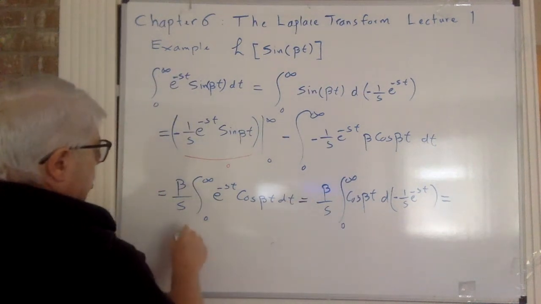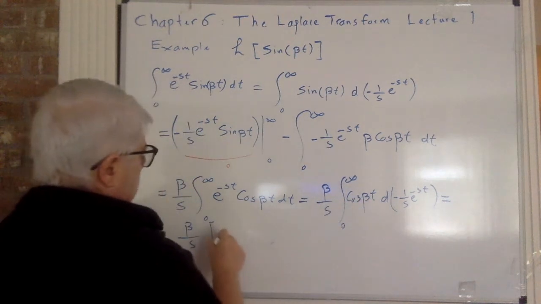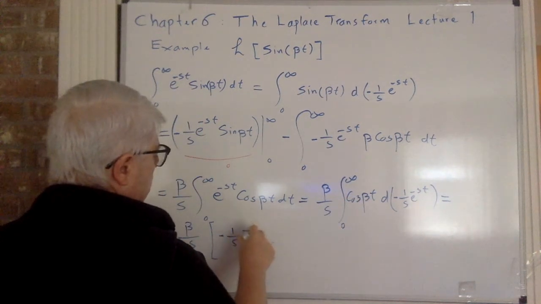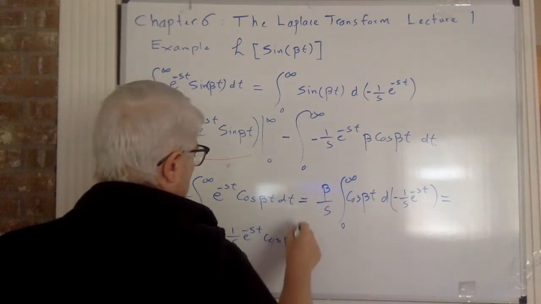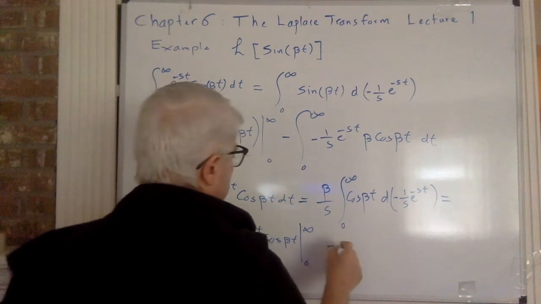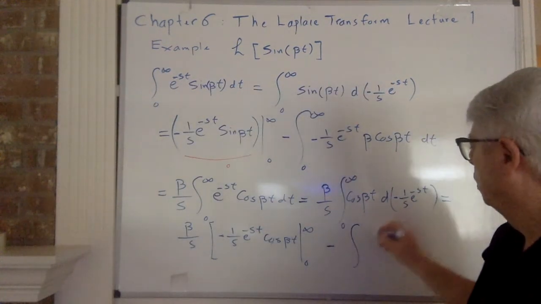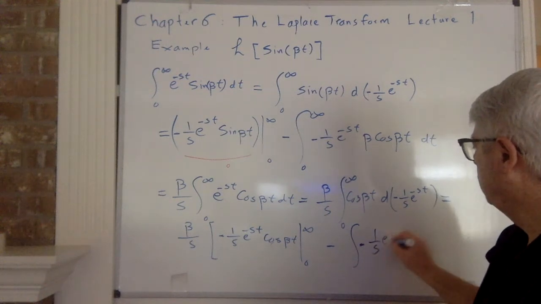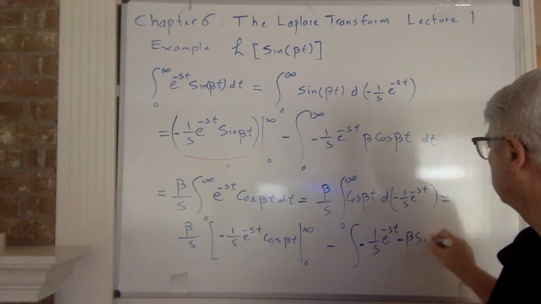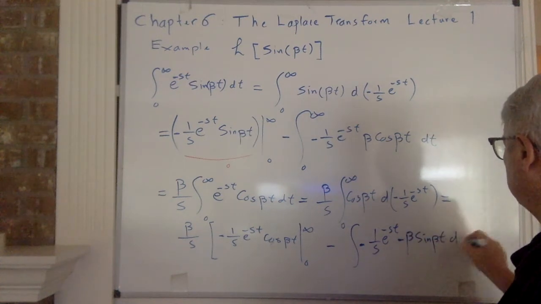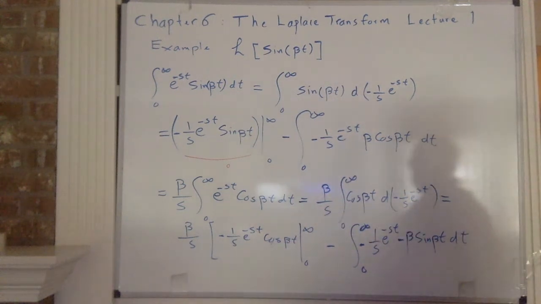So that's beta over s, and that's minus 1 over s e to the power minus st cosine beta t from 0 to infinity, minus integral minus 1 over s e minus st, derivative of this, which is minus beta sine beta t dt from 0 to infinity. Okay?